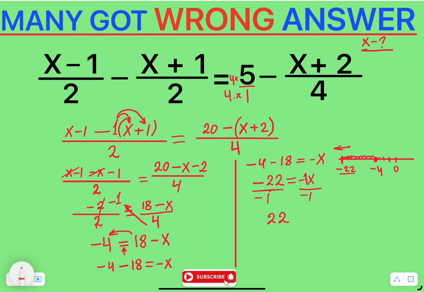When we divide or multiply same signs, either both positive or both negative, the answer is positive. Equals to, here, these negative ones will cross out, we will have only x. But in math, we always write the unknown in front. X equals to 22. This is the solution for this beautiful equation.